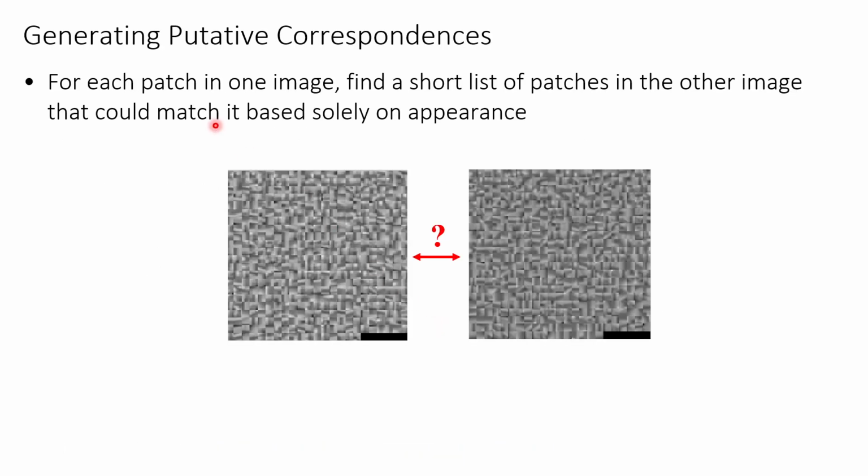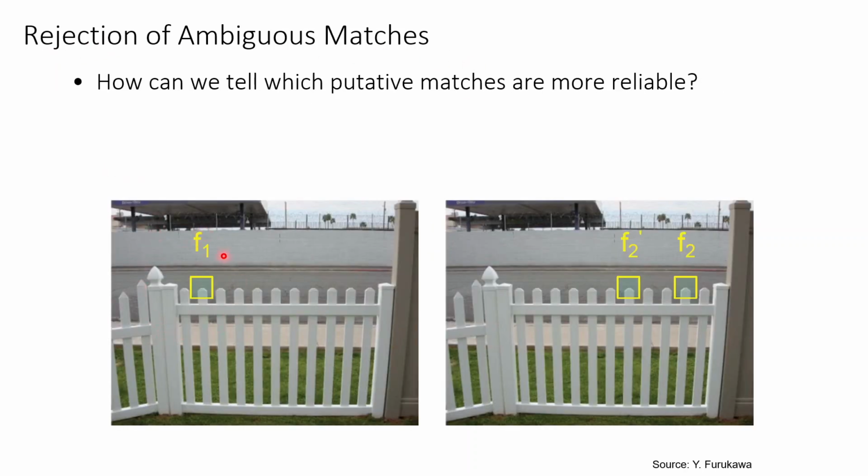For each of the patches in one image, we find a short list of patches in the other image that could match it based solely on appearance. That's called generating putative correspondences. For example, if you have F1 here, putative matches can be F2 prime and F2 here. So you can see there is a problem in that.